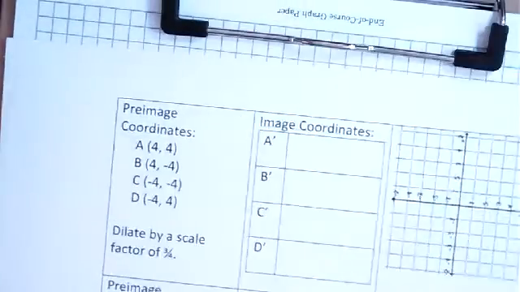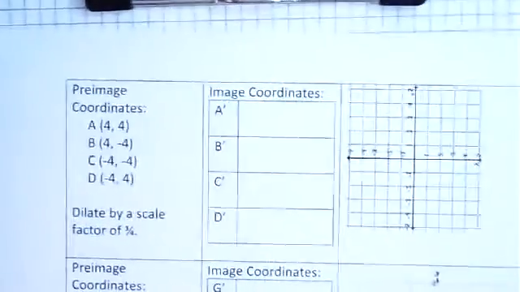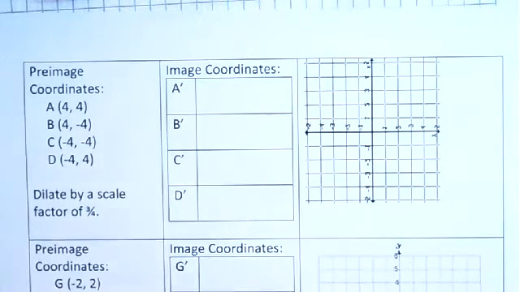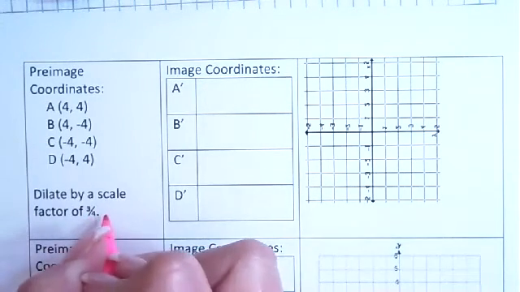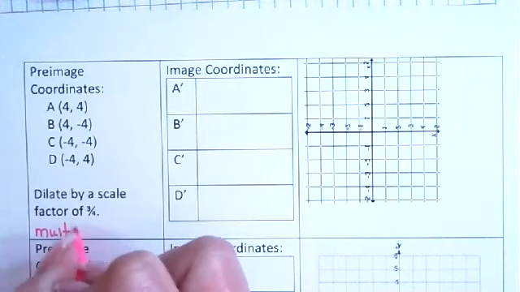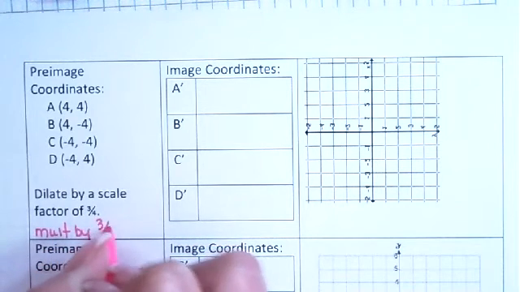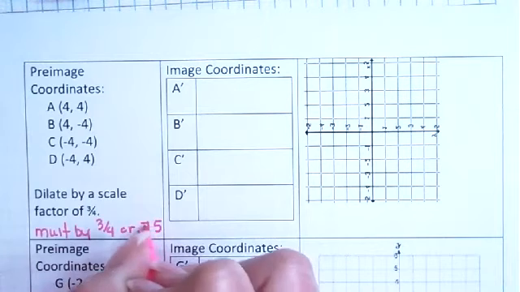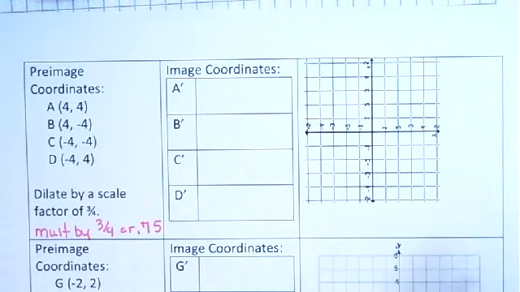Now, example 3 is going to be a square. And here I have a scale factor of 3/4. So that means I can multiply by 3/4, or if I'm going to use a calculator, it's really easy to change it to 0.75, and that's easier to put in a calculator.